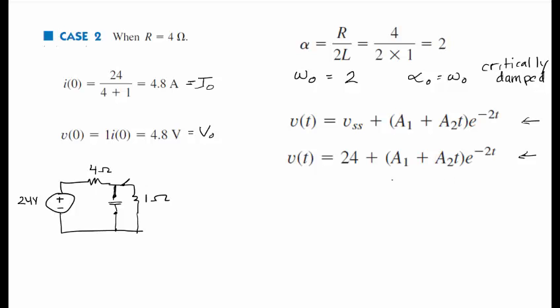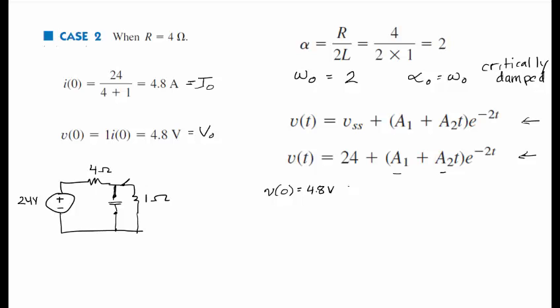All that's left to find now is the values of the coefficients A1 and A2, for which we use our initial conditions. So the voltage across the capacitor at time 0 was 4.8 volts.